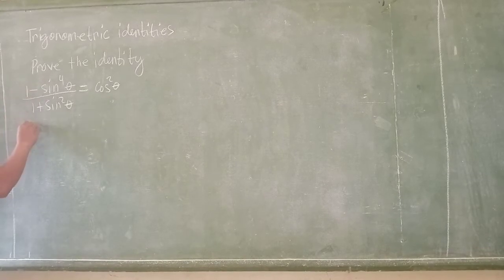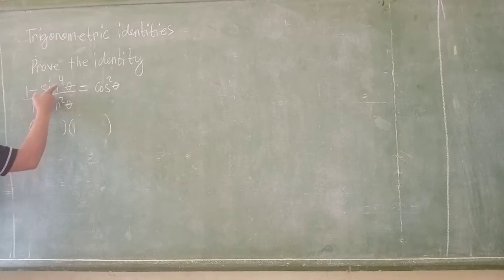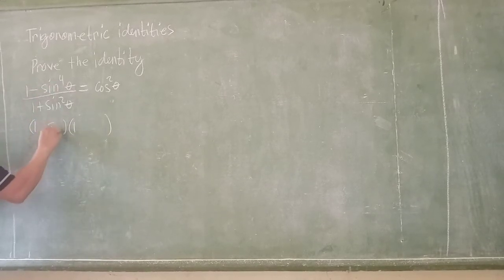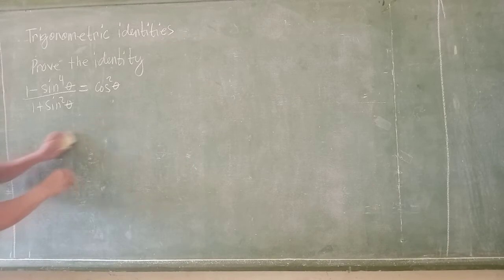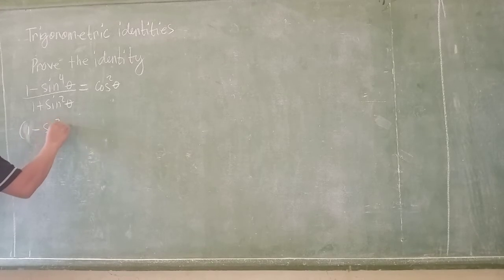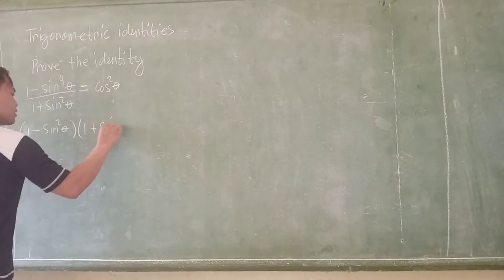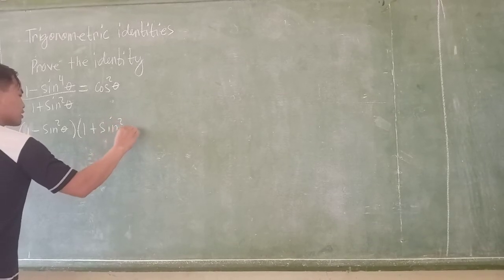So by factoring that one using 2 binomial factors, sine to the power of 4 is sine squared times sine squared. We have 1 minus sine squared theta multiplied by 1 plus sine squared theta. Okay?